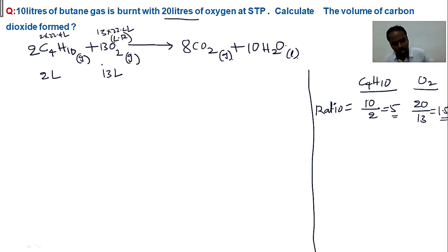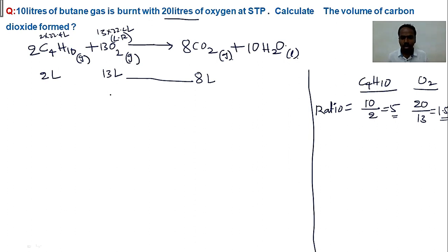Once you calculate the limiting reagent, with respect to that limiting reagent you can easily find the number of moles of CO2 produced, or the volume of CO2 produced or formed. See here, according to this equation, 13 liters of O2 can produce 8 liters of CO2.